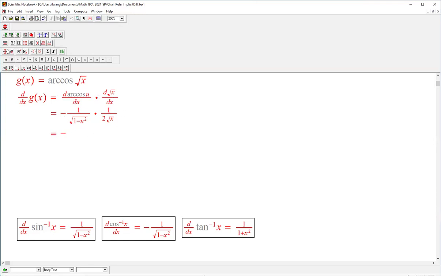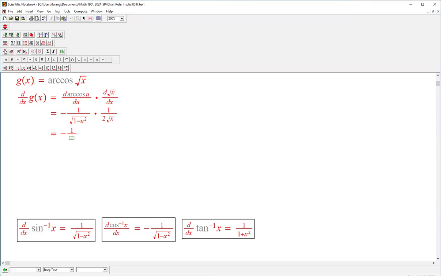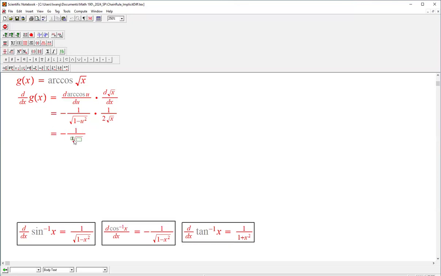So we have a negative, so 1 over square root of 1 minus u, where u is square root of x, so u squared is going to be x. Multiply 2 times 1 over square root of x.